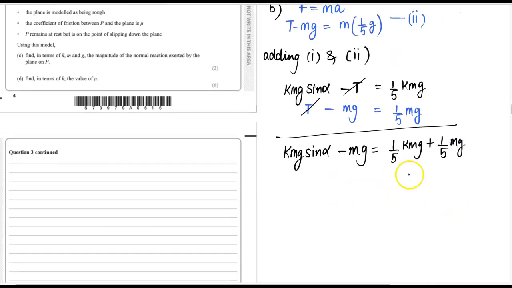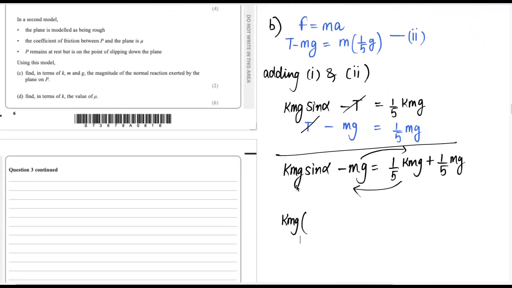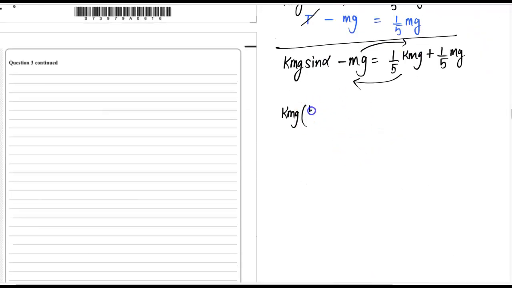What we're going to be doing is moving k's to the left side and mg's to the right side. So can we say kmg, let's substitute the value of sine alpha, was 4/5, I guess. Yeah. Sine alpha was 4/5, minus 1/5 of kmg, which is equal to mg plus 1/5 of mg.